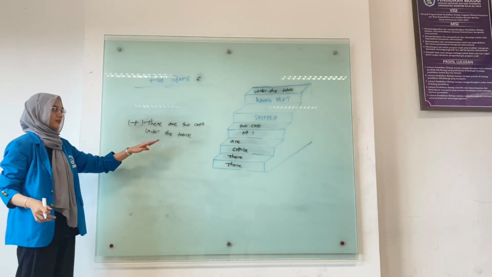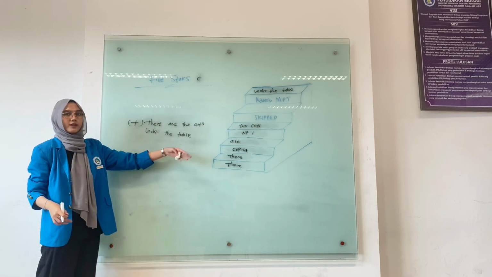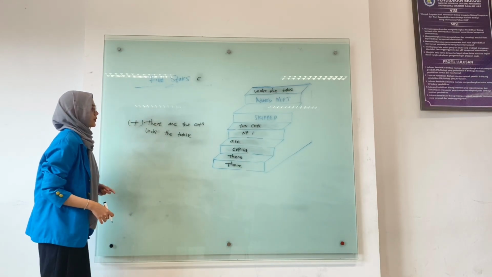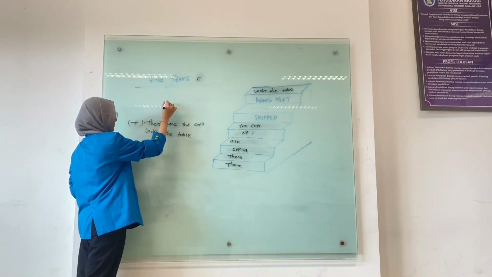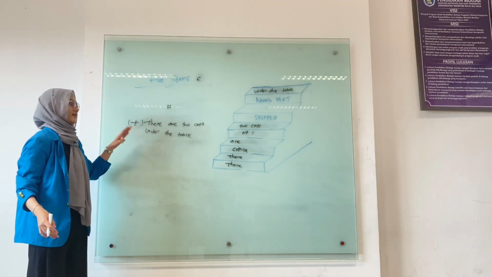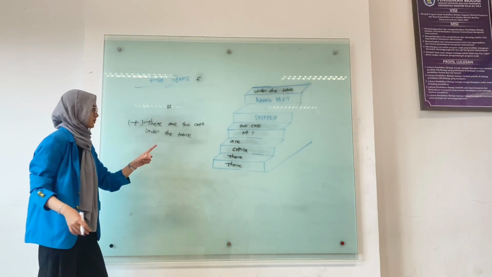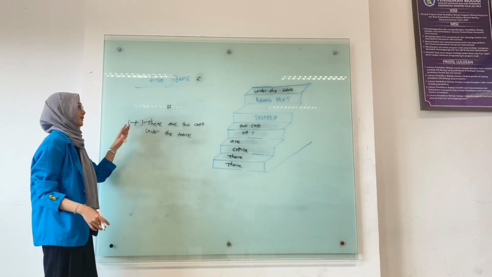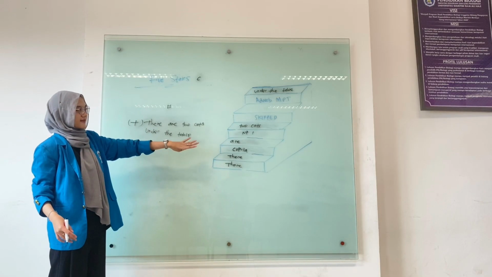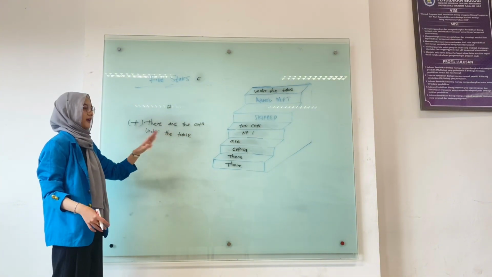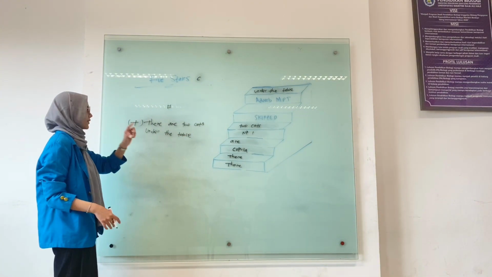So the copula here depends on the NP1. When the NP1 is singular, we use is. For example, there is 1 cat under the table. But because my example has a plural noun or NP1, I use are.